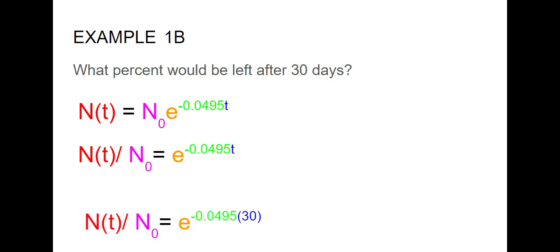We plug in 30 for t because that's what we're interested in. And we use our calculator to take e to the negative 0.0495 times 30, and we should get about 0.23. And so what we know is that we have about 23% of that phosphorus remaining after 30 days. Or in other words, if I started off with 100 grams, then on day 30, I should have about 23 grams of the phosphorus-32 left.